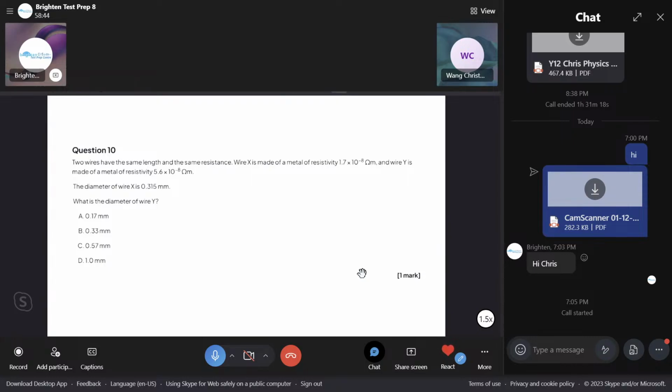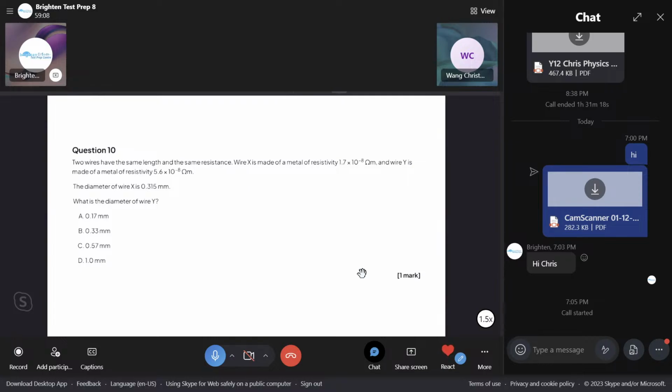However, the resistivity obviously varies: 1.7 times 10 to the power of minus 8 compared to 5.6 times 10 to the power of minus 8. So roughly factor 3 plus-ish. I think that we don't have to change any units. Nope. Okay.